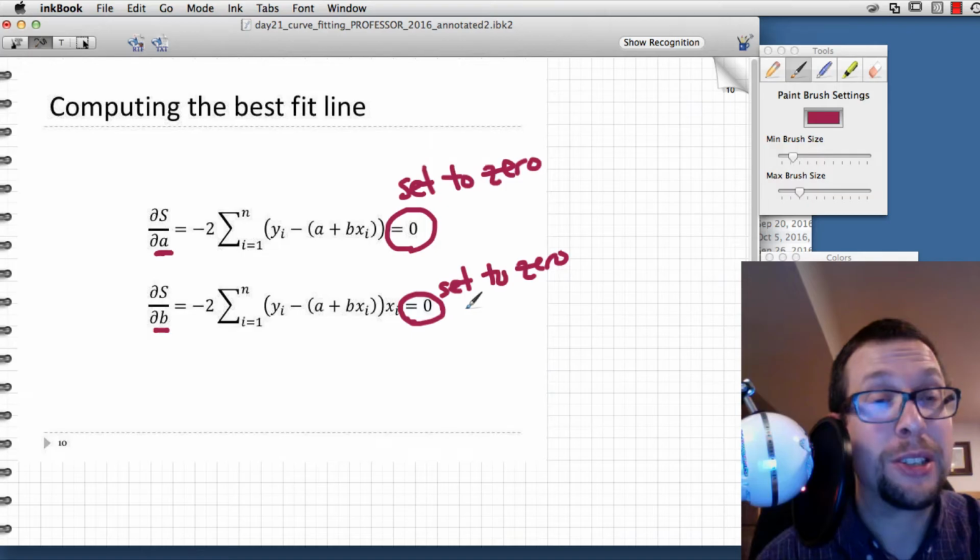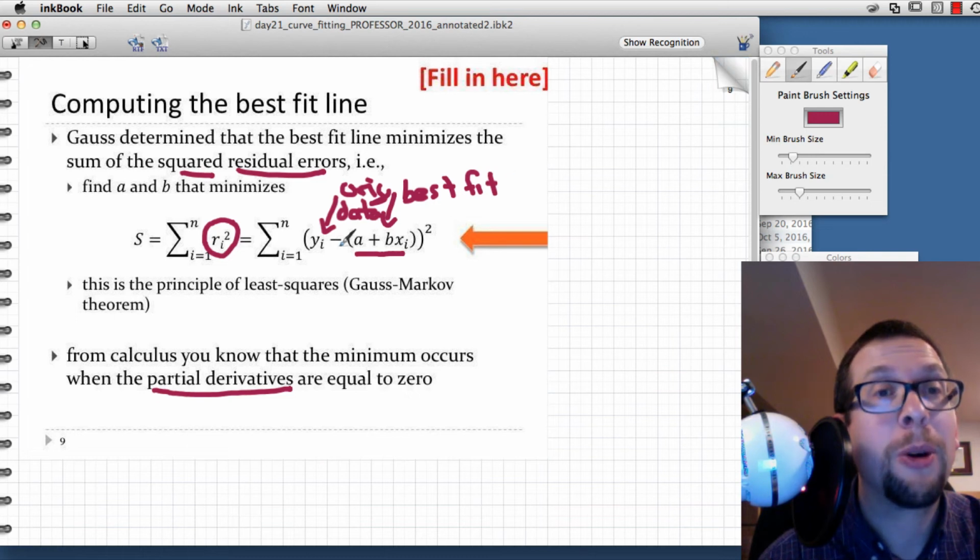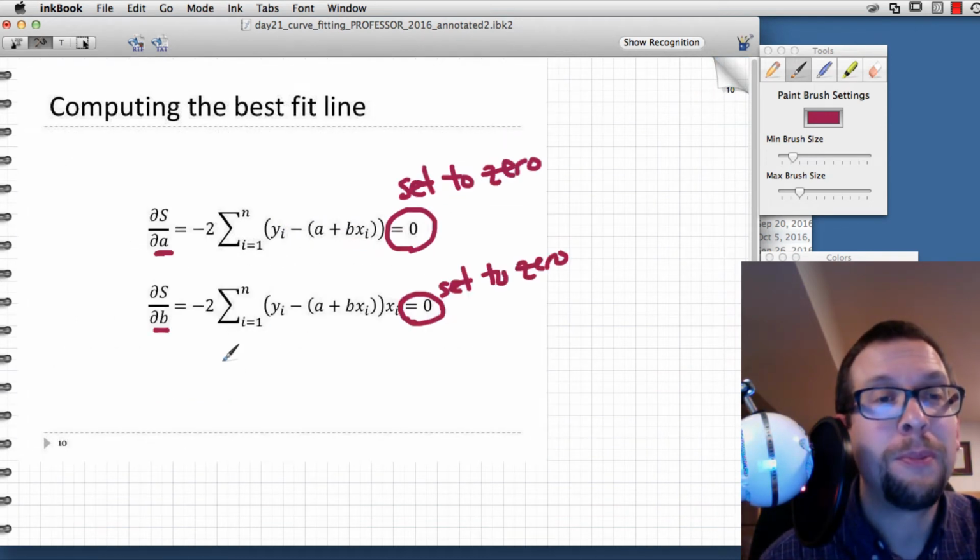Now, if any of this is confusing, or you can't remember how to do these derivatives, I absolutely and totally recommend that you take this equation right here and, in Maple, write it out.